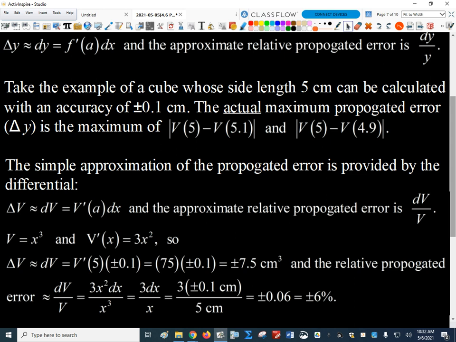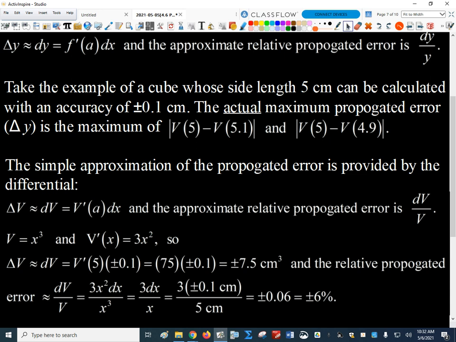If I wanted to calculate the exact propagated error, then I'd have to calculate my volume when I input 5 centimeters minus my volume at 5.1 centimeters. I'll take the absolute value of that, so I always make it positive. And I could also do the volume at 5 minus the volume if I were inputting 4.9 for the length of each side. And then I have to see whichever one is bigger.